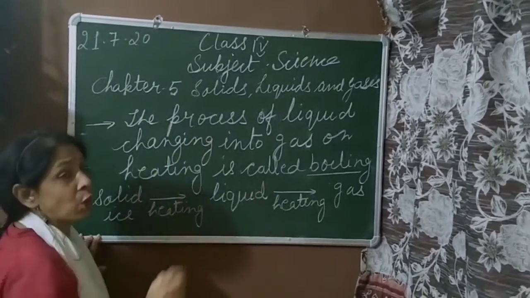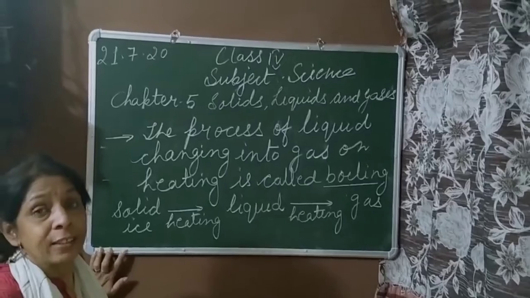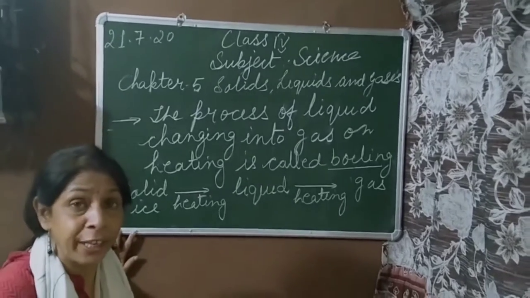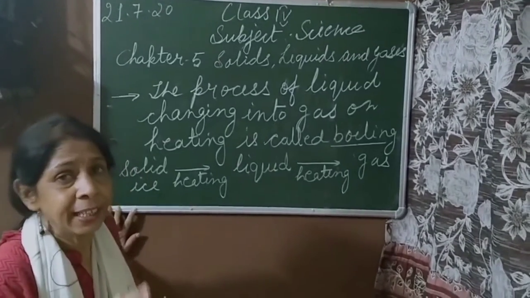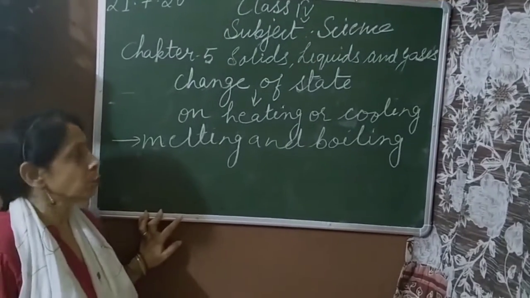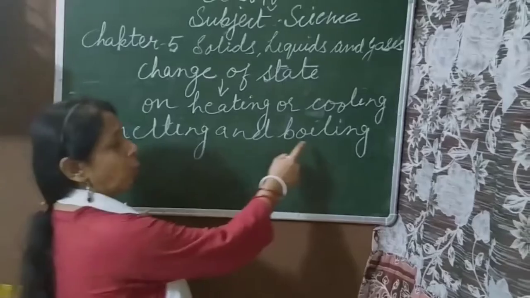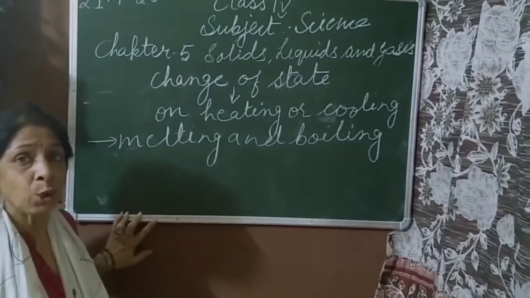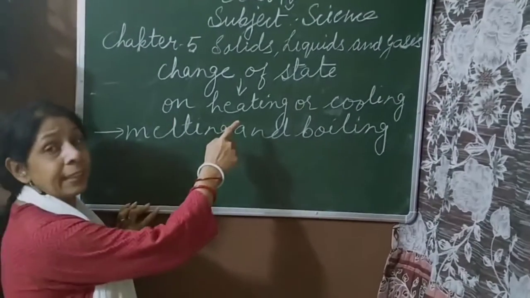The process of solid changing into liquid on heating is called melting. So, melting and boiling are the processes when matter is heated.